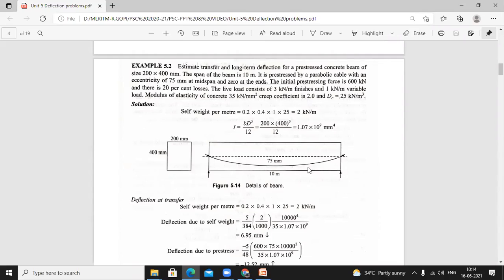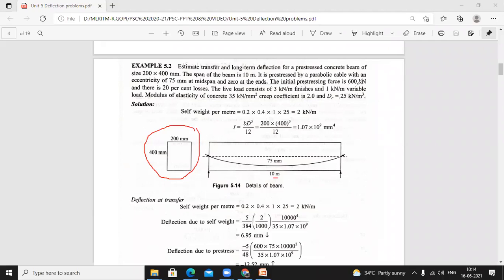The size of the beam is 200 into 400 mm. First draw the figure. You can see the size of the beam and the span is 10 meters. It is a parabolic cable with an eccentricity 75 mm at middle and 0 at the ends.